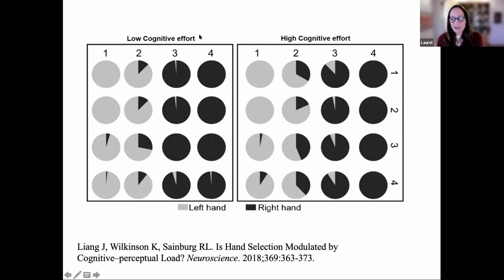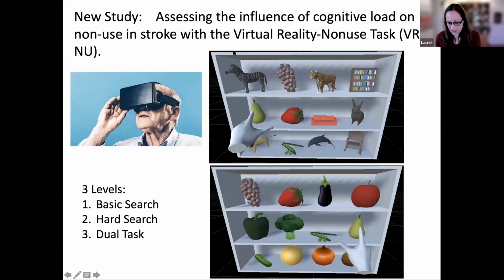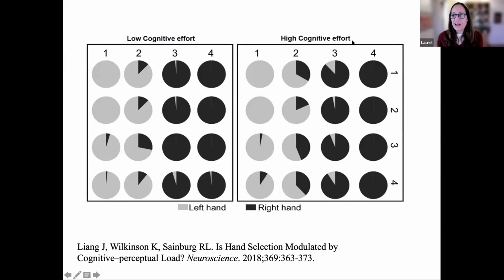In the low effort condition, people had to reach to objects in an array that were very different from one another. They were drawn from very different categories, like tools and clothing and animals. In the high effort condition, the objects were all drawn from the same semantic category.